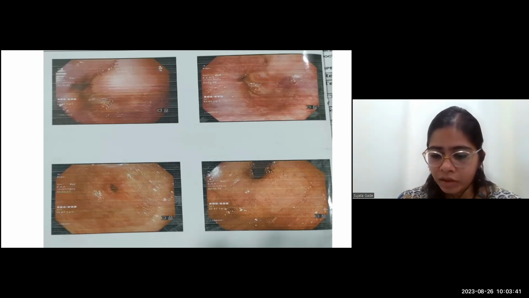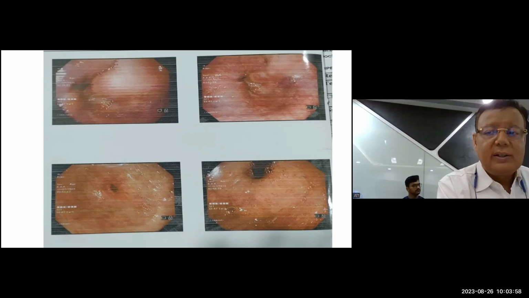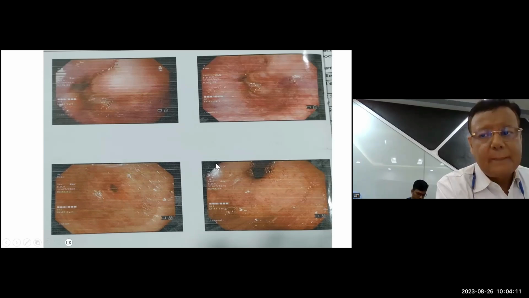Sir, usually after the last chemo, we will wait for 4 to 6 weeks. Last chemo completion. I wait, and even if you have to delay the chemotherapy this cycle, it is not harmful.